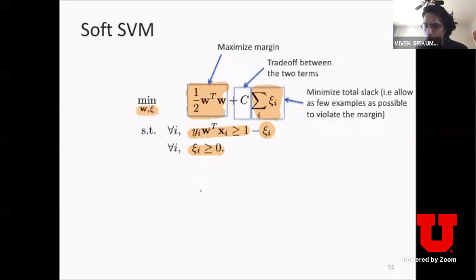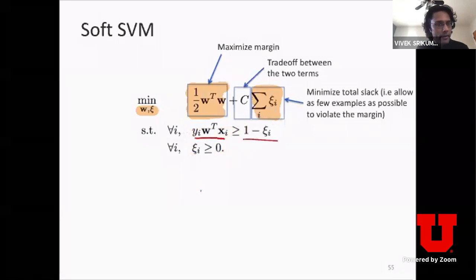We are minimizing now over w and all the xi's, the norm w transpose w plus C, which is just a trade-off parameter that says which of these two terms is important, times the sum of the slacks. We perform this minimization subject to two constraints. The first one says, for every example, y w transpose x, this is the score assigned to that example, should be at least 1 minus the slack, and the slacks themselves are always positive.